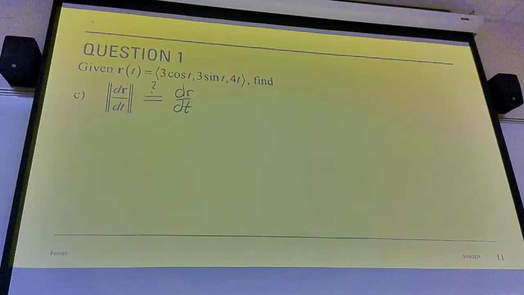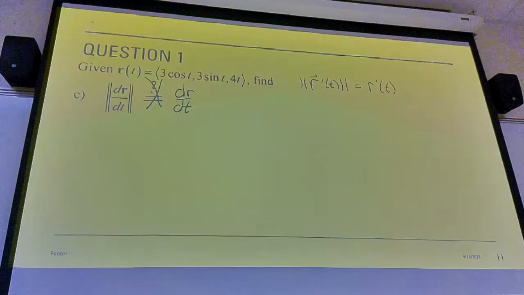Are they the same? Which means if we use this notation, we cannot write it that way.